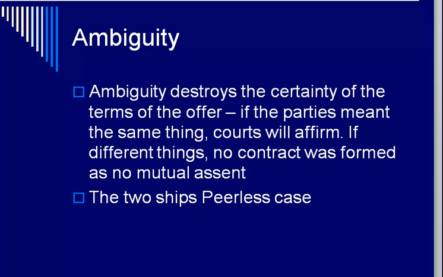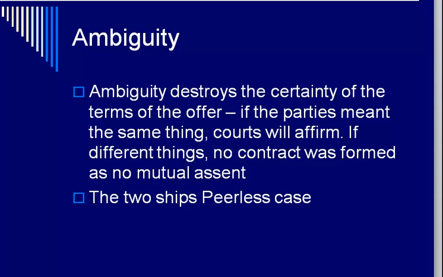If something is ambiguous and the parties mean different things, no contract was actually formed. The two ships Peerless case is a very old, famous case in which there were two ships named Peerless that happened to go different places at different times.